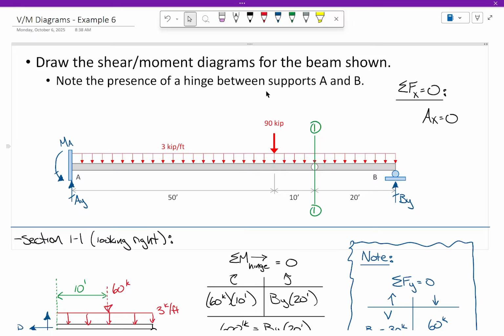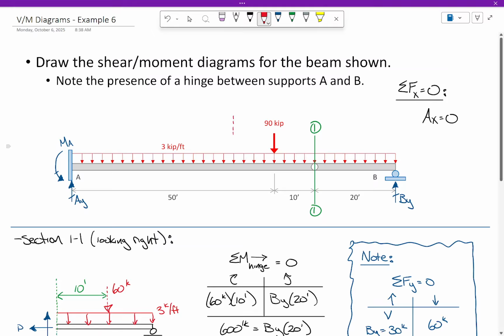What's 3 times 80? 240. So maybe what I'll do is I'll collapse this entire load into 240 kips. How far is that from A? 40 feet.